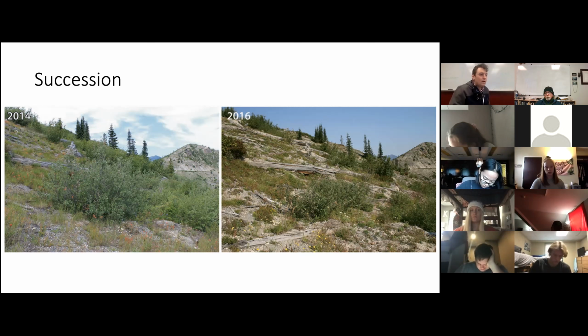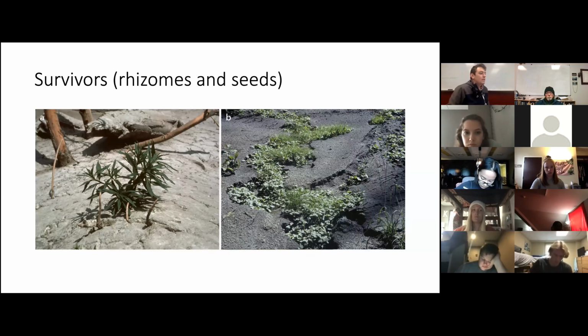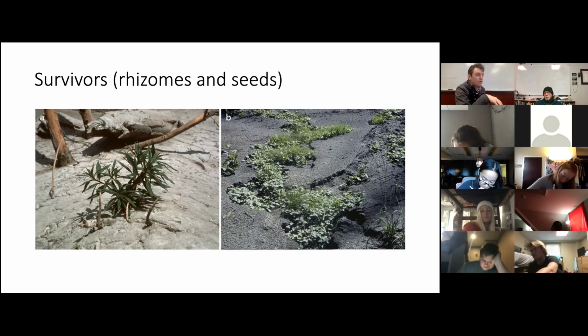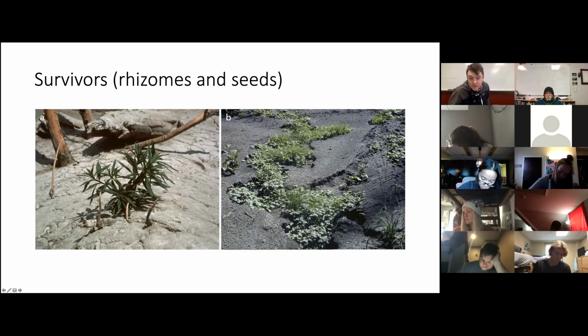So who comes back and why and how? Well, there's a few different categories. There are survivors, plants, for example, that survive because their seeds in the soil or in the mud or in the debris survived, and they could germinate immediately following the eruption or within a short period of time. And there are also plants like goldenrods that you all are familiar with that have underground stems that store energy as starch or some other storage molecule.